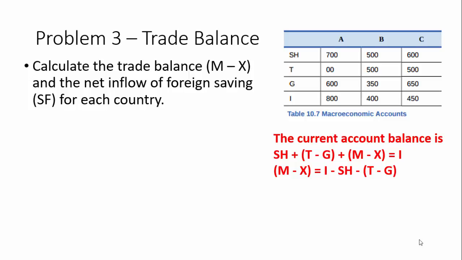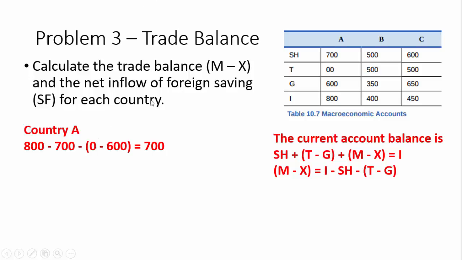Let's go ahead and do the calculation for the first country, A. Here we have $800 worth of investment minus $700 worth of savings, and then we're going to subtract the government component, that is taxation minus government spending. In this case, it's a negative 600.